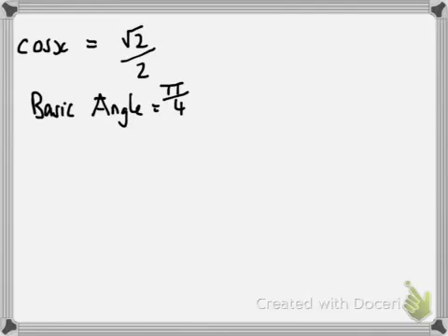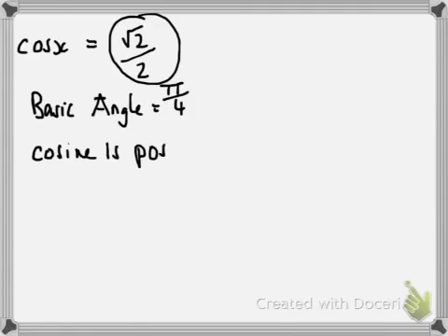Now we've got a positive term here, root 2 on 2, and we know that cosine is positive in first and fourth quadrants.